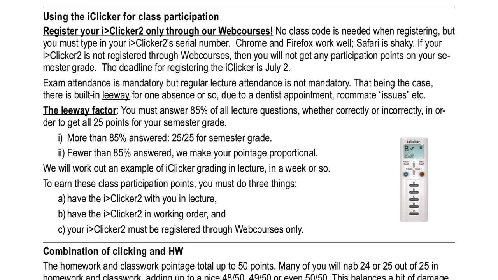If you just bought an iClicker, or if you're borrowing it, it might be a good strategy tonight to go home and put some new Duracells or Energizers in there, because the batteries that this comes with are really cheap, and they flake out in the middle of an exam. You don't want that. So they have to be in working order. And thirdly, you have to be registered through WebCourses. I have to know who you are. All right, so that's how you interpret that.